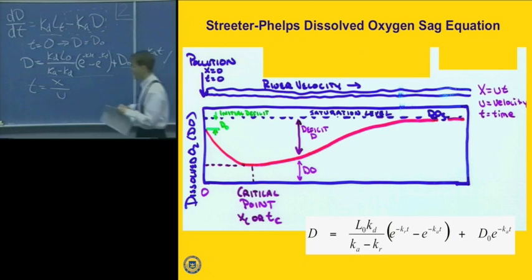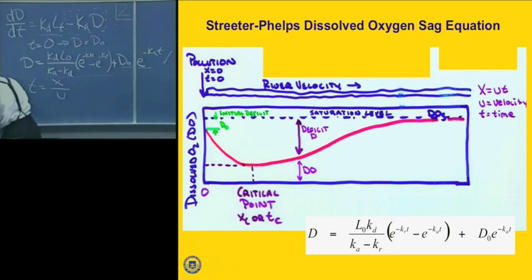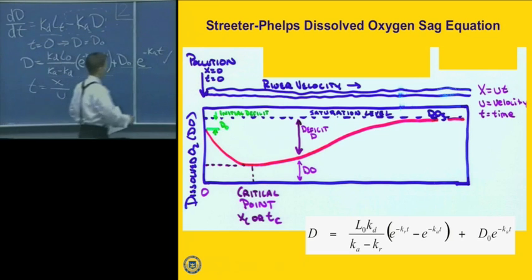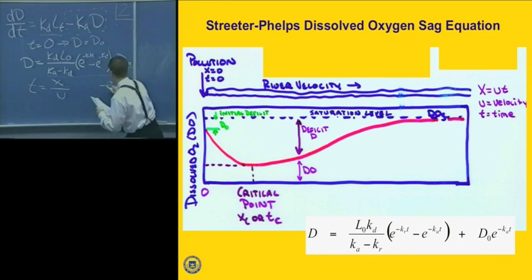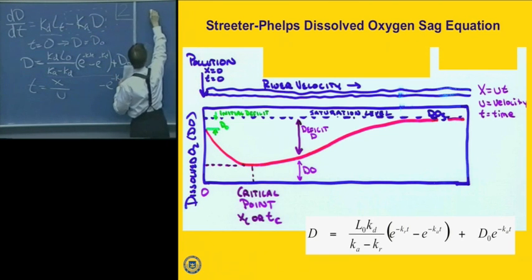Okay, and the first thing we need to do is modify our equation for L of t.